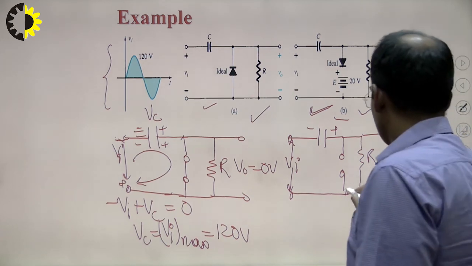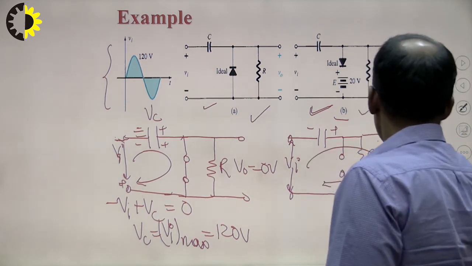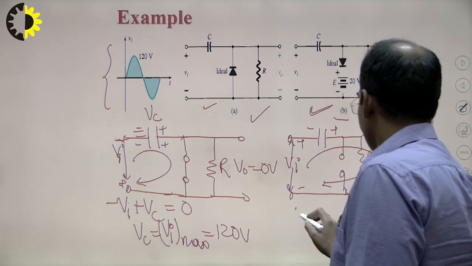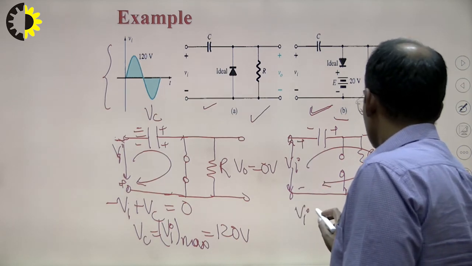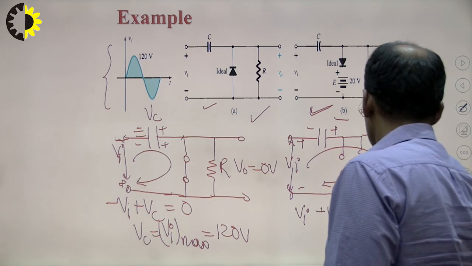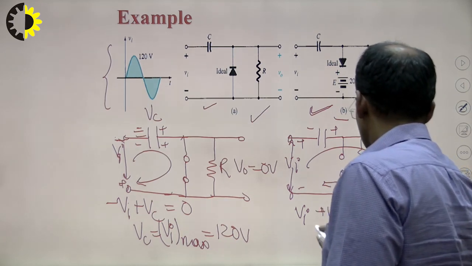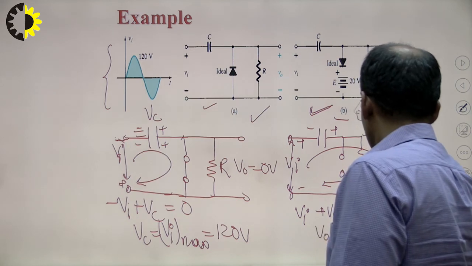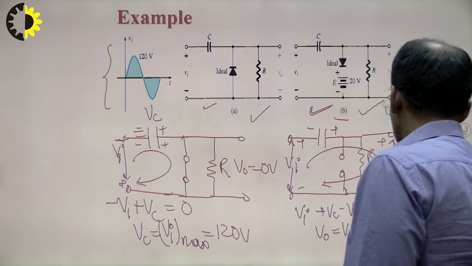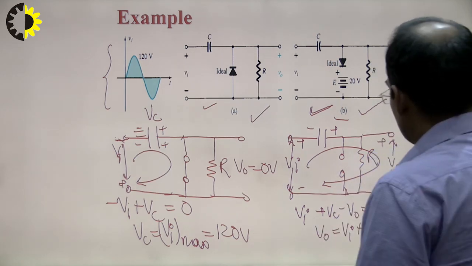By applying the KVL you can get Vi plus Vc minus V naught is equal to 0. So V naught is equal to Vi plus 120 volt, because Vc is 120.